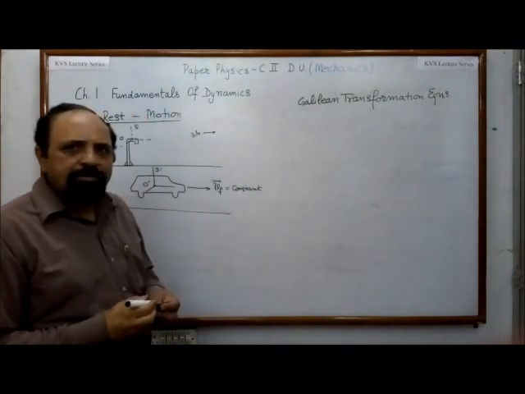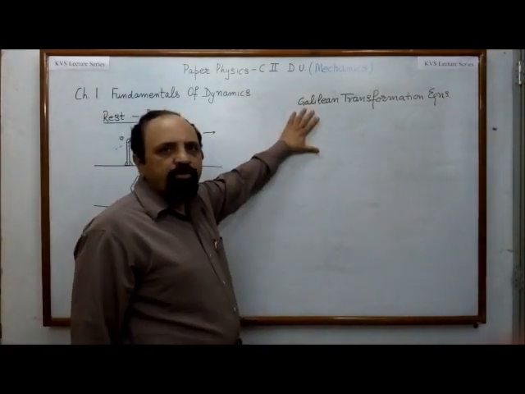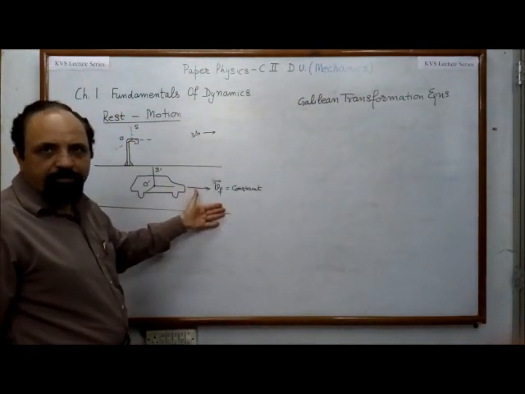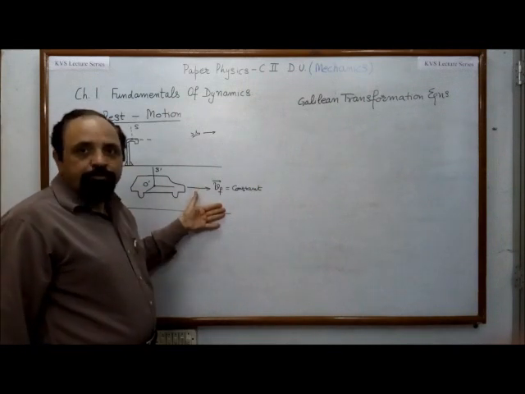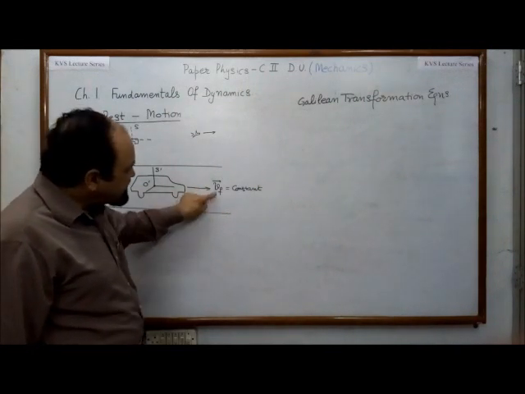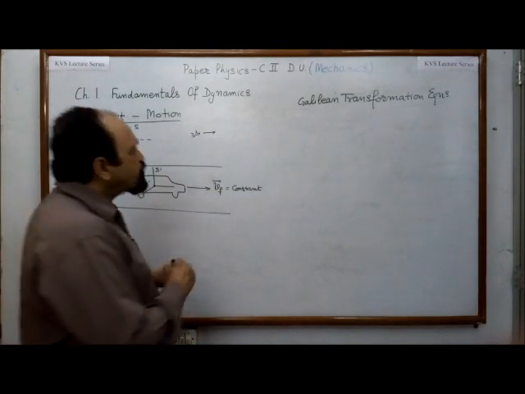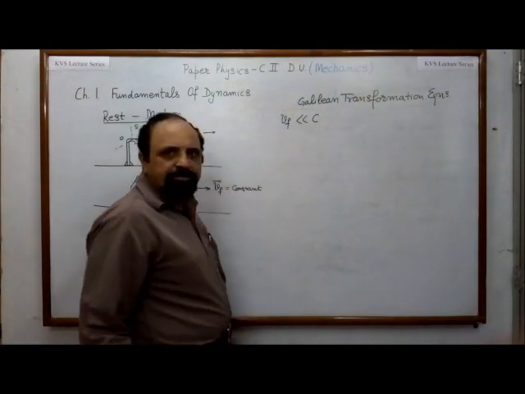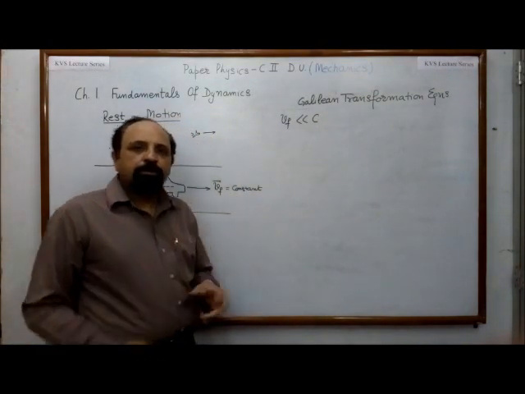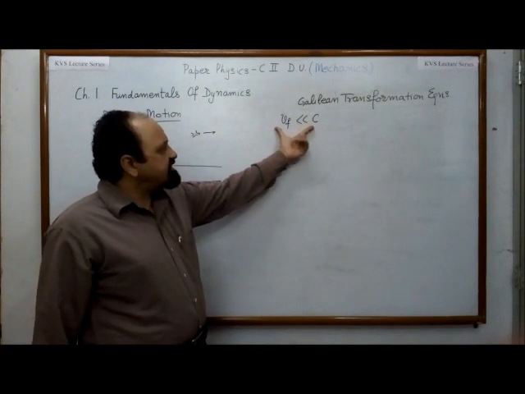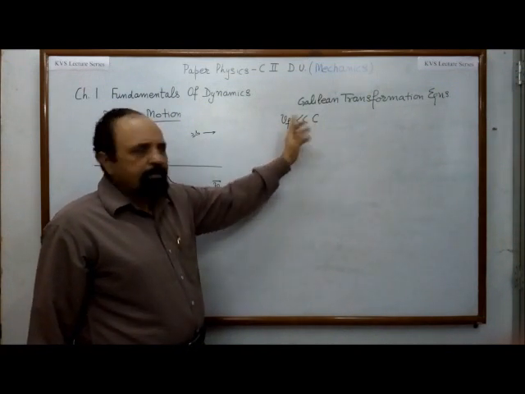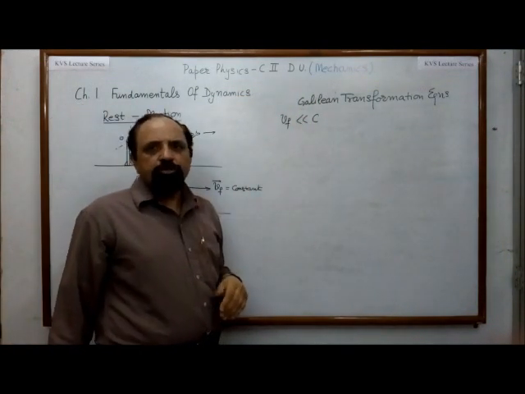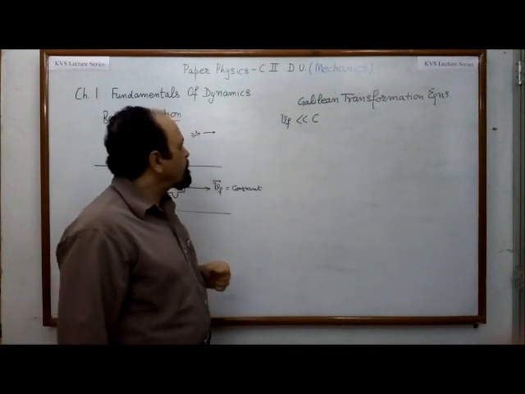I am repeating once again, when we say the Galilean transformation equation, we are only dealing with inertial frames. Here it's important to add one more thing, that this relative velocity should be very, very small as compared to the velocity of light. We'll deal with those cases where it's comparable to the velocity of light in a separate transformation equation known as the Lorentz transformation equation.